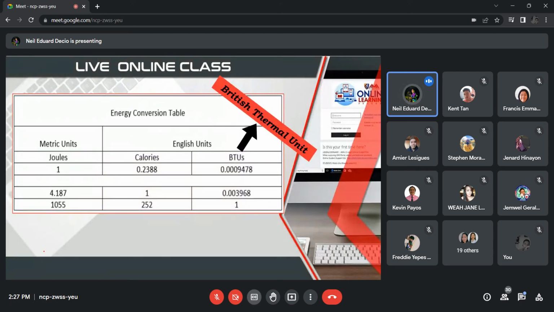What if we're given 38 calories? 38 calories to joules. Convert natin yung 38 calories to, I think calories is cal, no?